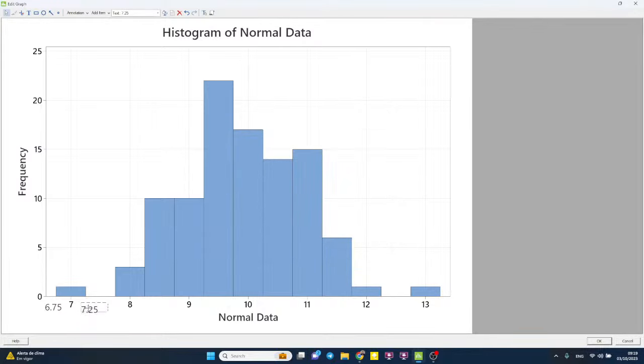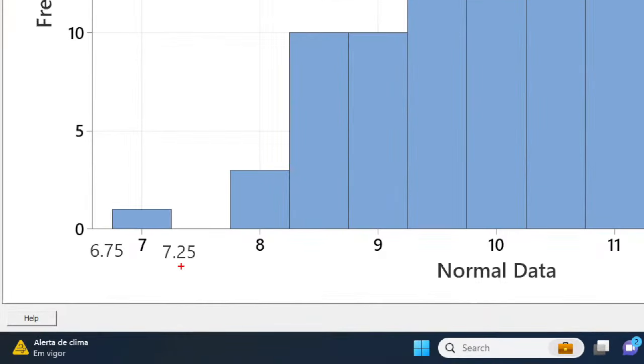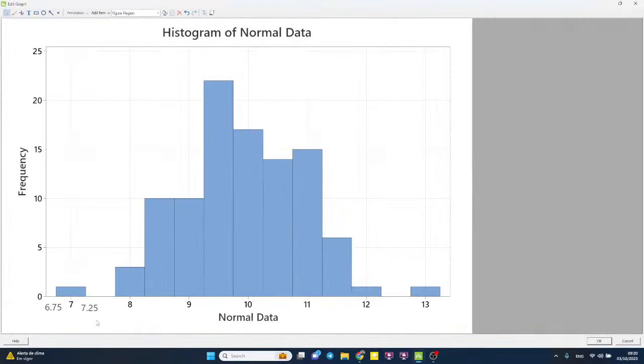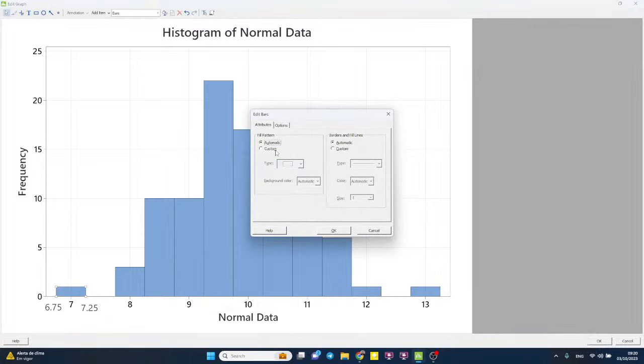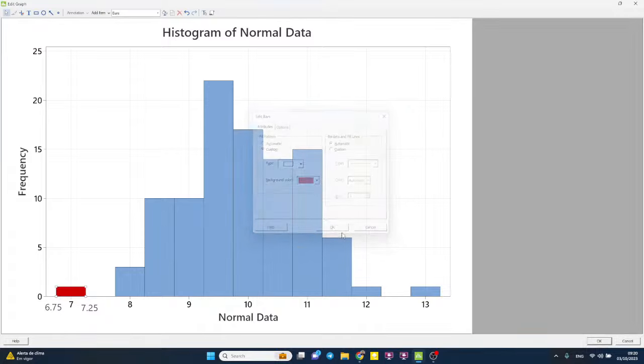So we must understand that it is from 6.75 to 7.25, and we can track that. Let's change the color here and put red, for example.